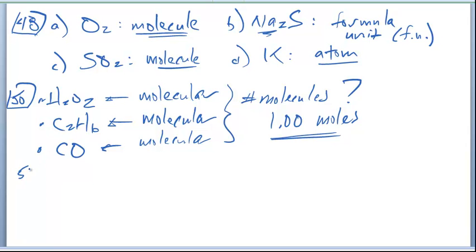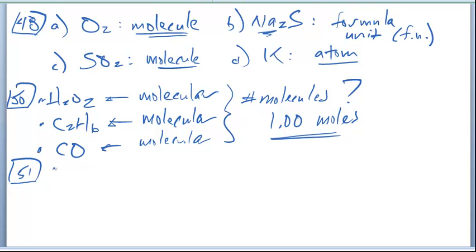Okay, 51. Now the question is actually a subtle difference. We are talking about the same three substances as we did in question number 50. But this time, the question is asking not about molecules, but which sample would contain more atoms.